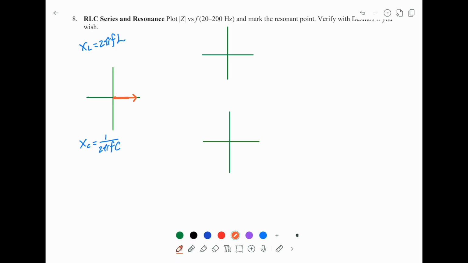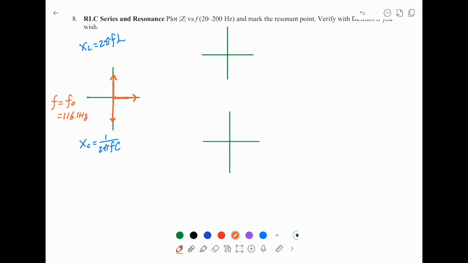So let's first look at if the frequency is equal to the resonance frequency. In our previous example, it is equal to 116.1 Hertz. In this case, we know the inductive reactance is equal and opposite to the capacitive reactance.